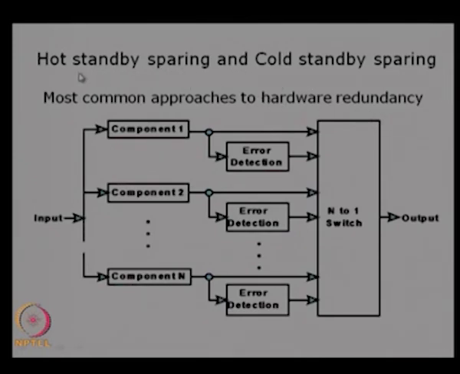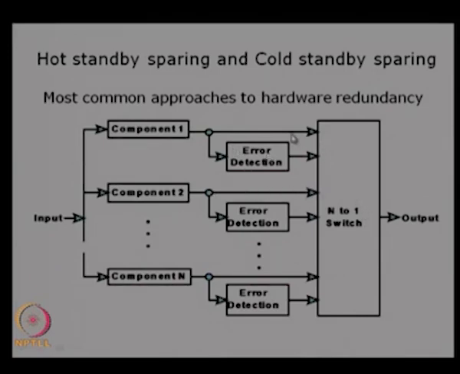Then what is the difference between hot standby and cold standby? In hot standby, all these components will always be active. Here you can see that components 1, 2, 3 all have the same function and all will be active, all in active modes. They are in the hot situation, which is why it is known as hot standby. Whenever an error is detected, the output is immediately taken from the next component.